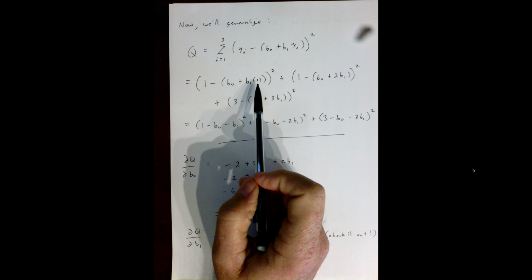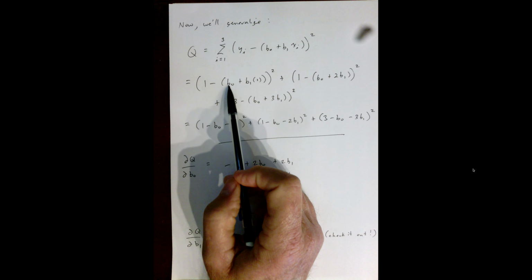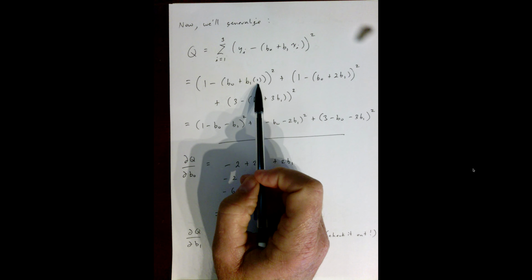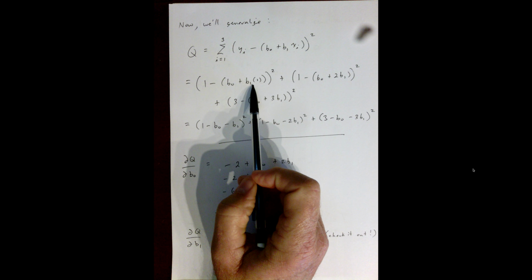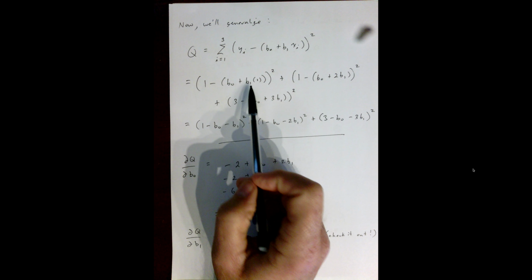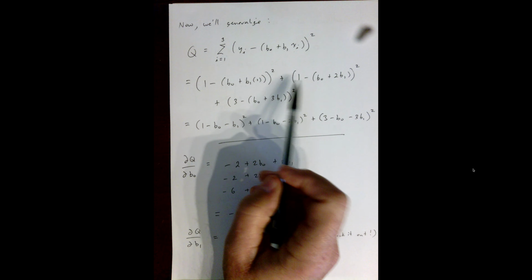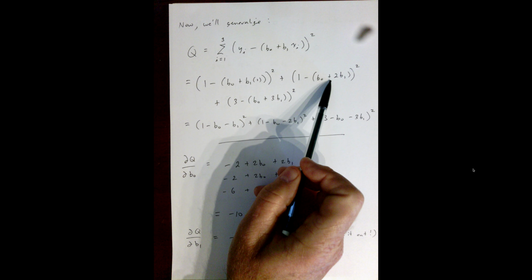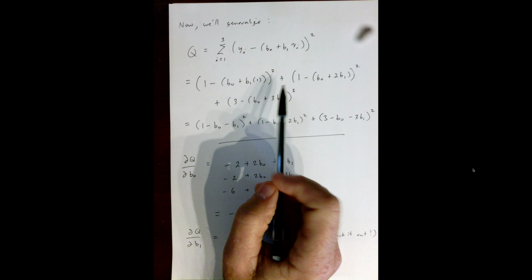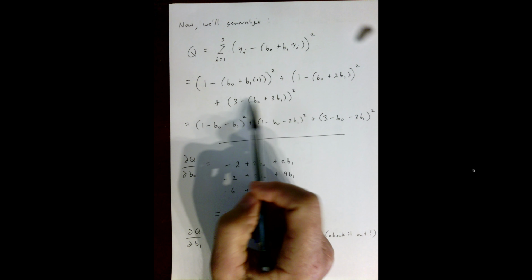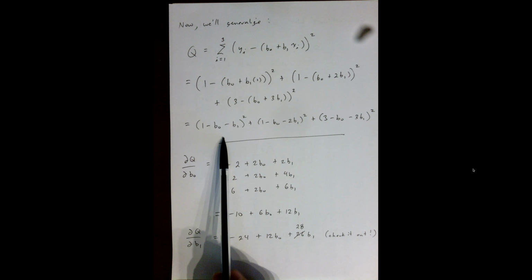But now what we're going to do is assume that B0 and B1 are unknown. We're not assuming it, they are unknown. We're trying to find the B0 and B1 that minimize Q. So again, insert X1, Y1, X2, Y2, and X3, Y3. A little bit of simplification leads us to this.